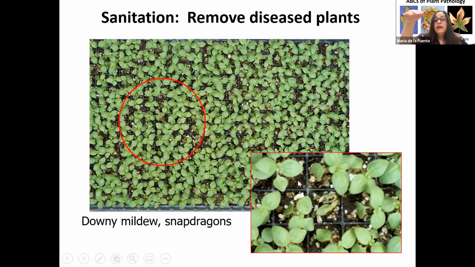And if you irrigate with sprinkler irrigation, the water that is splashing from this cell goes to the others and goes to the others. So you need to be really observant. And then when you do a sanitary cleaning, you remove this one, but also you remove the chunk of all the neighbors that are surrounding, because for sure the pathogen already jumped.